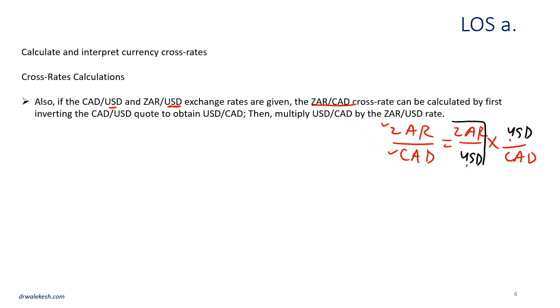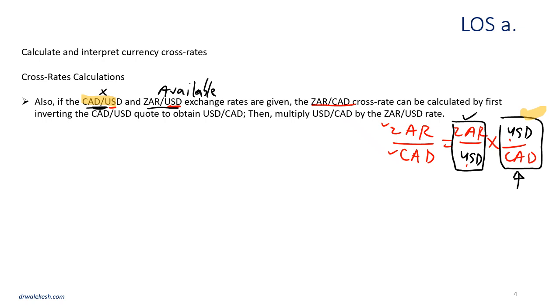Do we have this exchange rate available, South African rand per US dollar? Yes, we do. This exchange rate is available. Do we have US dollar per Canadian dollar? Unfortunately, no. So that implies that we need to find the inverse of this quote that is available in order to get this.